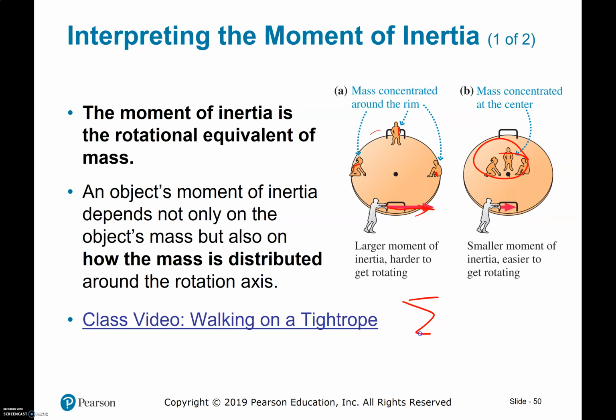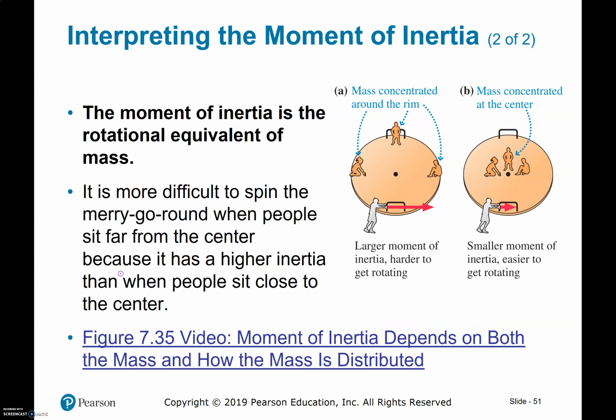Remember that you have this equation here, right? This r is just this distance here. So if you want to reduce the moment of inertia to make this easier to rotate, what you need to do is move the masses closer to the axis. So how the mass is distributed affects the moment of inertia, and how it is distributed around the axis of rotation.